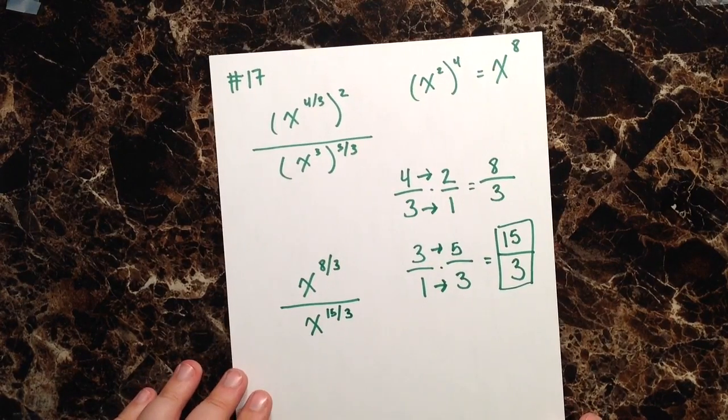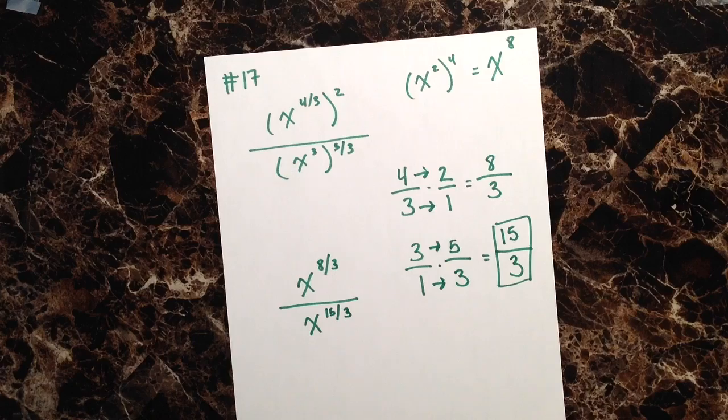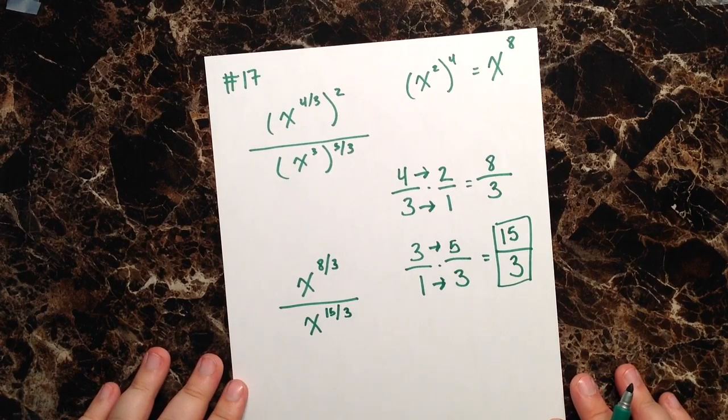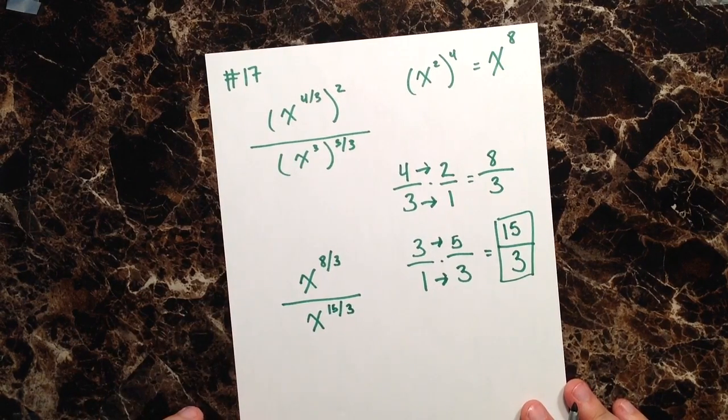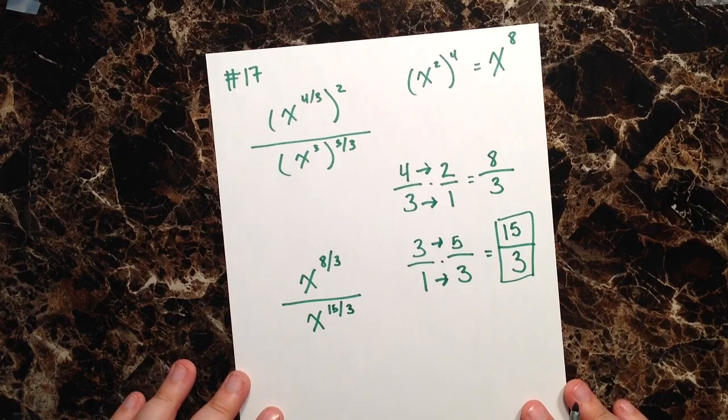But I'm not quite finished yet. You might recall earlier in the semester that we talked about top-heavy and bottom-heavy when it comes to exponents. I see that I have similar bases and I'm dividing, so that's how I know to look out for a top-heavy, bottom-heavy problem.